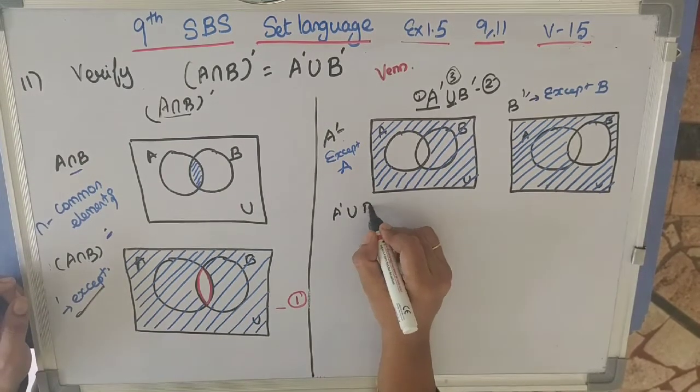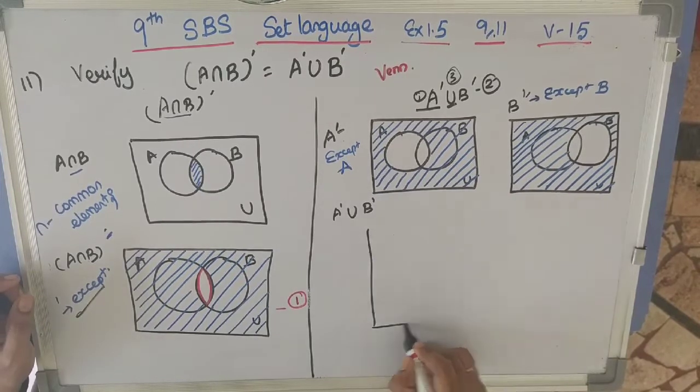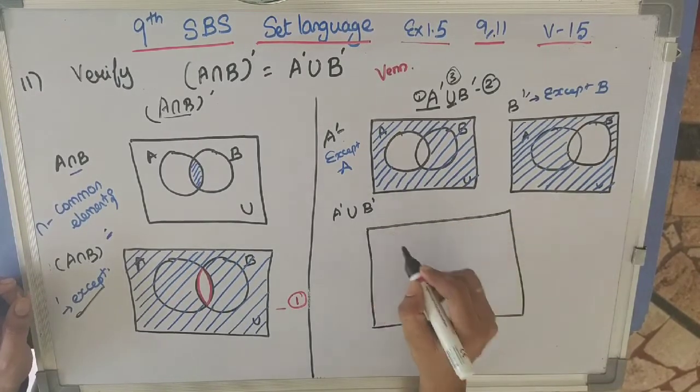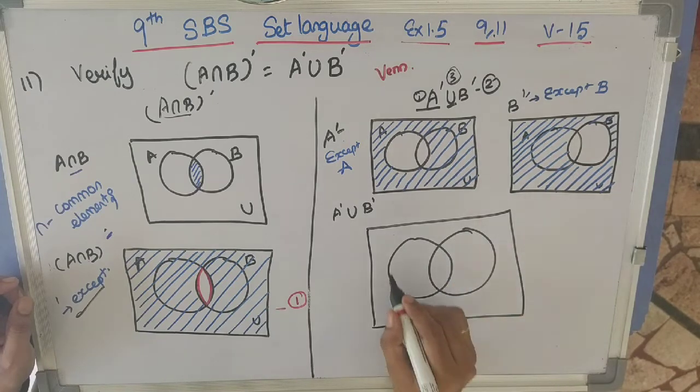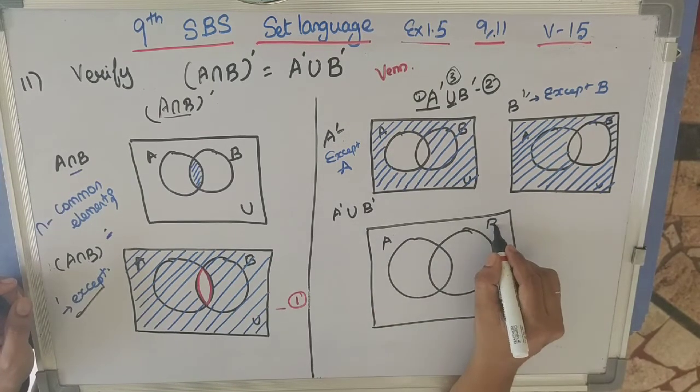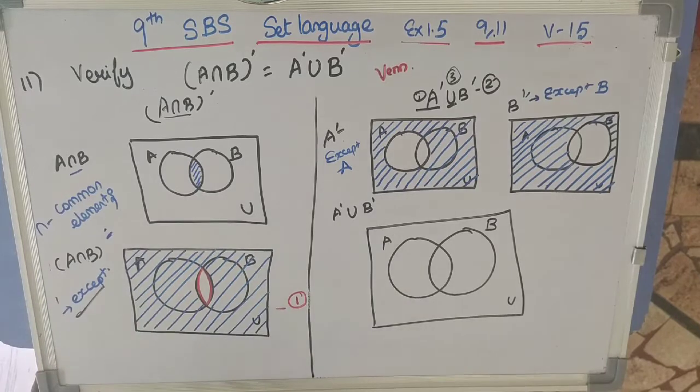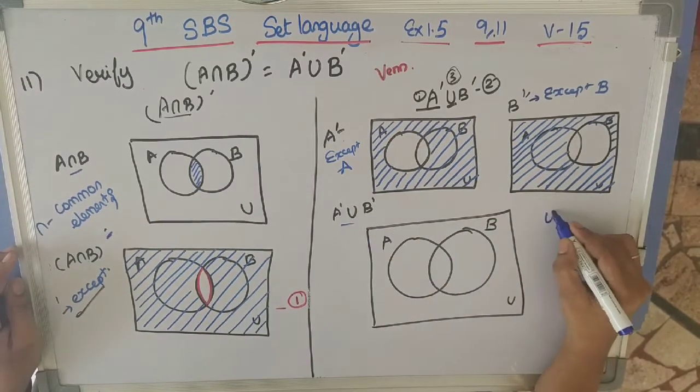Okay. Now let us find what is A dash union B dash. Okay. Now I am going to draw A and B inside the universal set U. Okay. Now what is A dash union B dash? First, what is the meaning of union?